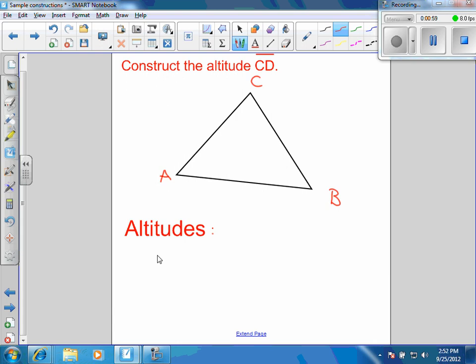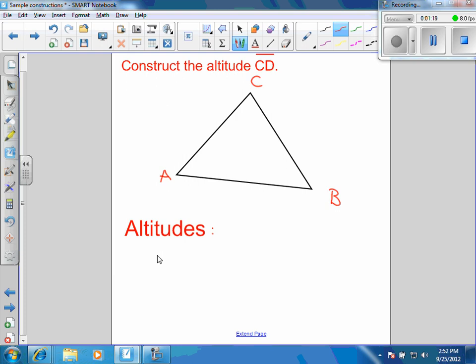Okay, altitude. An altitude is a segment. It goes from one vertex to the other side at a right angle. So it's a segment that connects a vertex to the side opposite at a right angle.